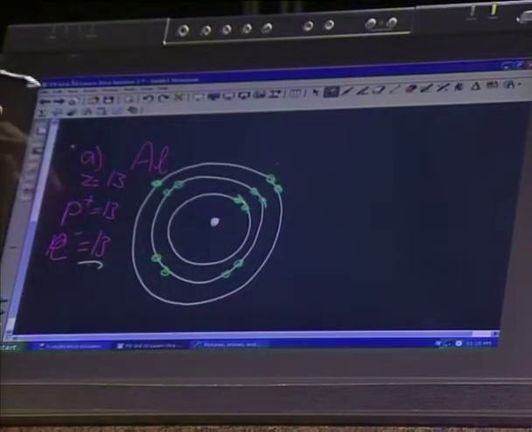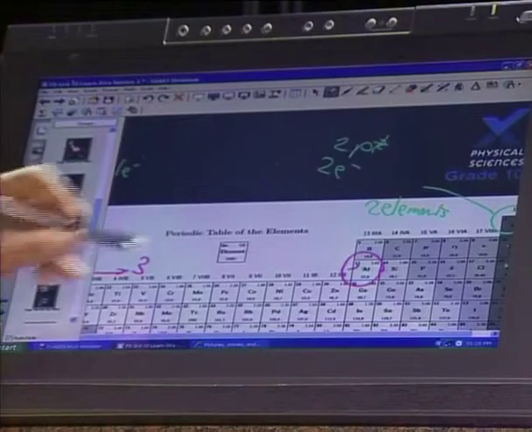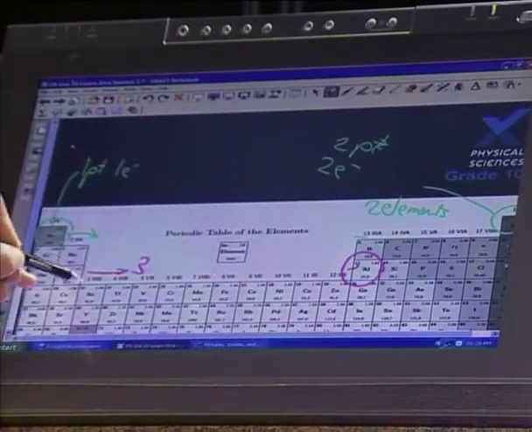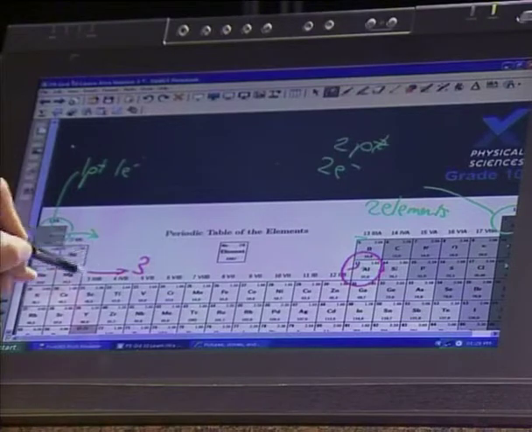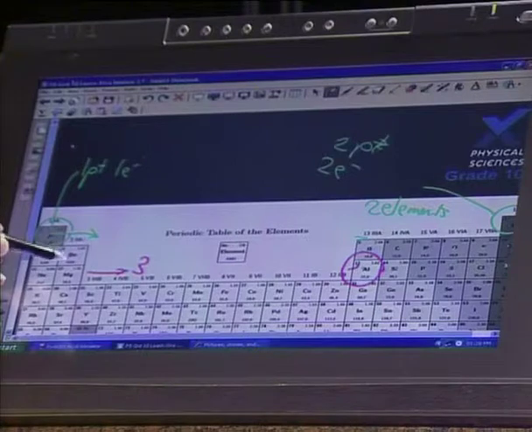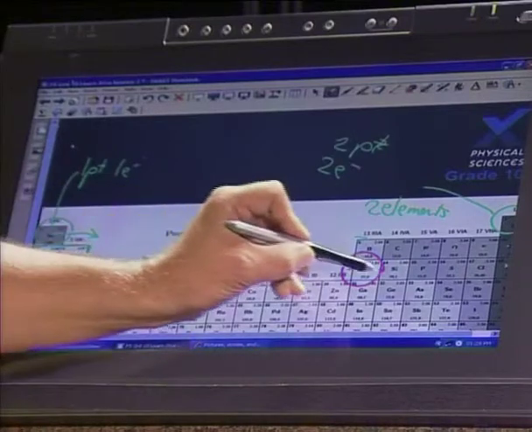Let's have a look at the periodic table, because I think there's an important thing to notice here. So on the periodic table, there's aluminium. It's in group 13. These are group 1, 2. We're not really too worried about these transition ones. But what you notice here is there are 2 together over there, and 1 on its own.